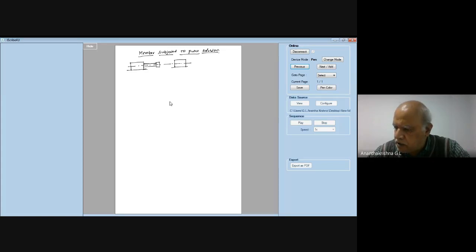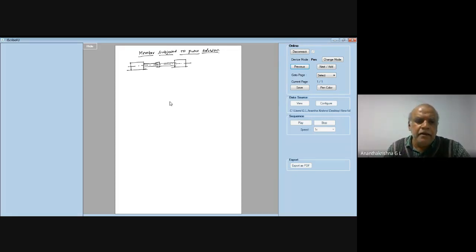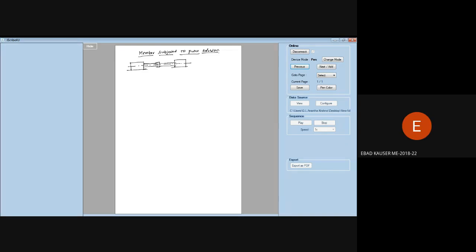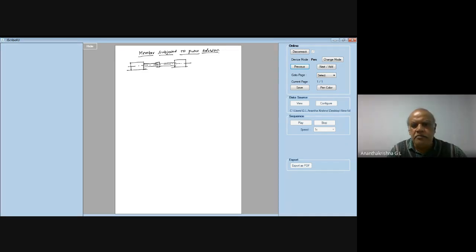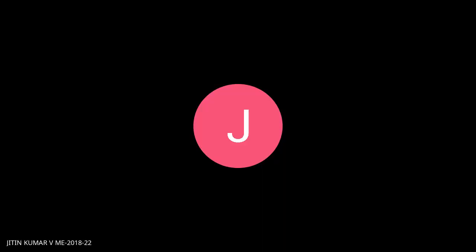Through coupling, it will be connected to. Sir, the screen is blank, sir. Screen is blank. Okay, 1 second. I'll just come. I took a new. We can see, sir. Somebody is saying blank, somebody is telling not seeing. Okay. Anyway, I'll put again.